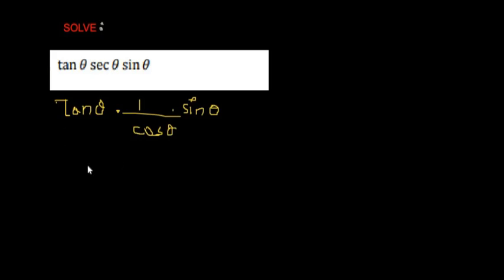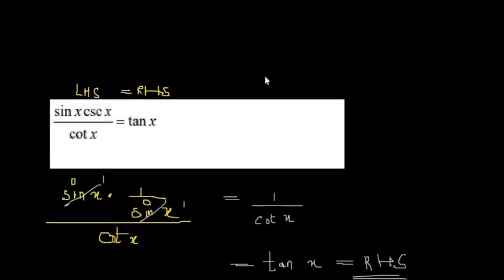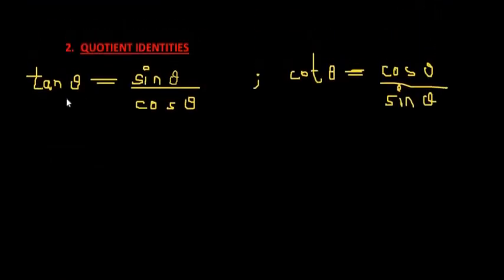The next thing you can do is keep the tan theta the way it is, and 1 times sine theta is sine theta, and it becomes sine theta over cos theta. Now sine theta over cos theta is the quotient identity, where sine theta over cos theta is equal to, it's given here as tan theta.